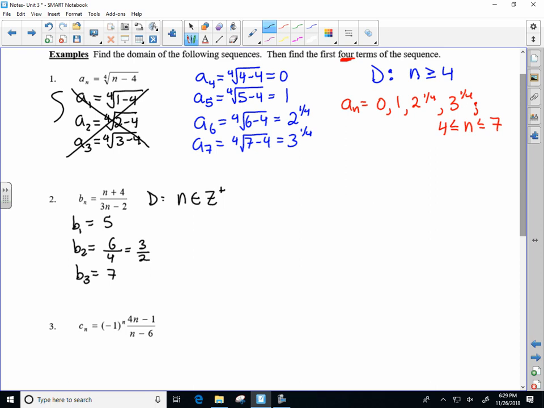We only started with 4 because the first 3 entries, 1, 2, and 3, gave us a negative under a radical, so they were all imaginary. These are not imaginary, so they're fine. I'm talking about the second problem. That's why I started with 1 in the second problem, because there's no value that will make it imaginary. There's no radical. You were asking why I didn't start with 4, yes?